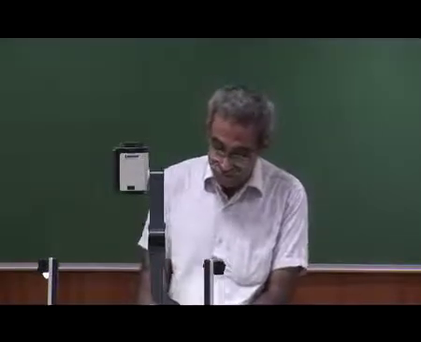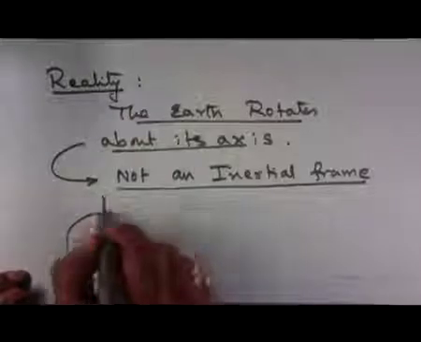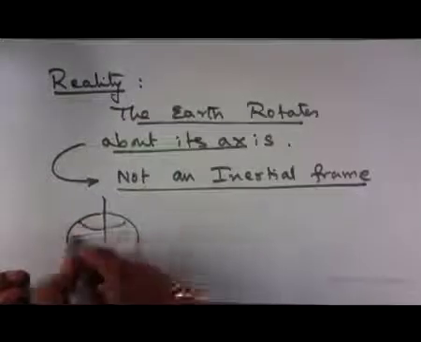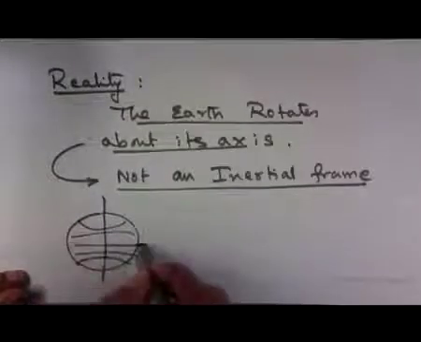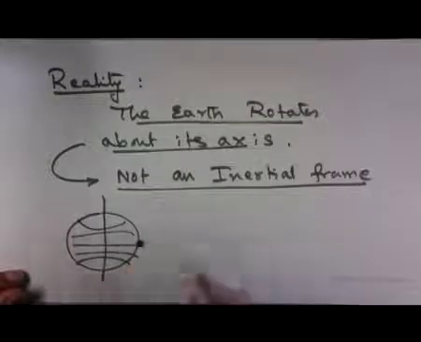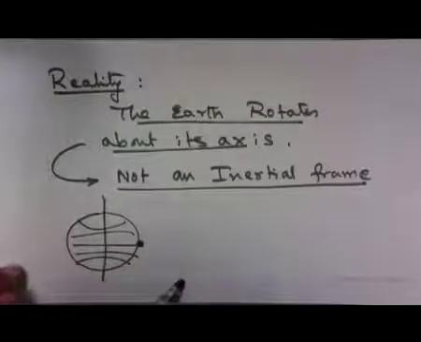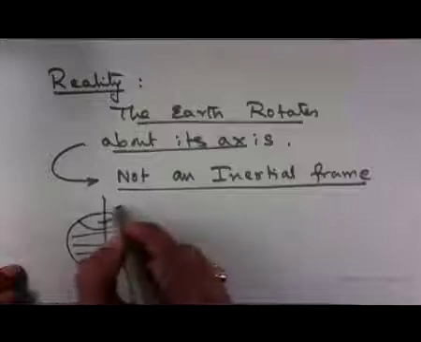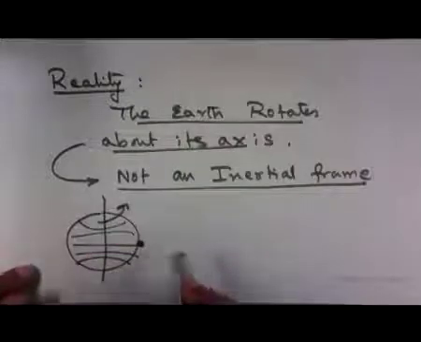So let me indicate that my earth is rotating. So these are my latitudes, these are my longitudes. So let me look at this point on the equator, which is very convenient. My earth is rotating about this particular axis, let us say.